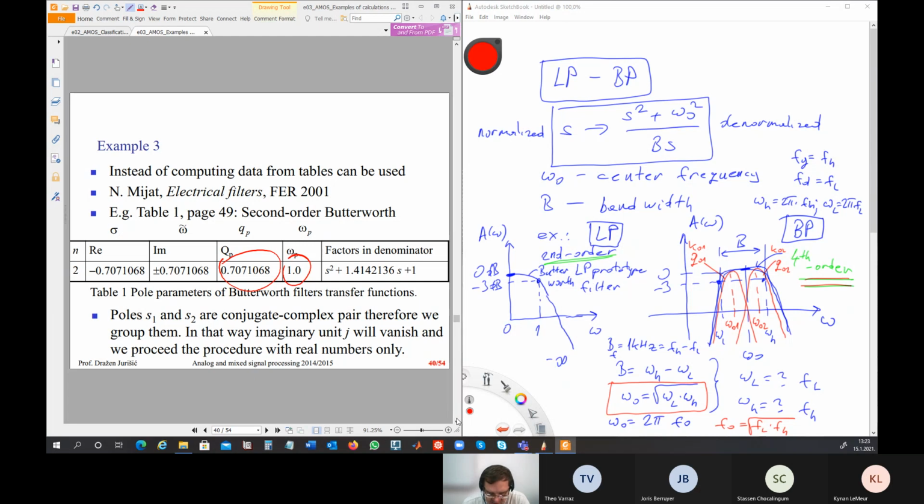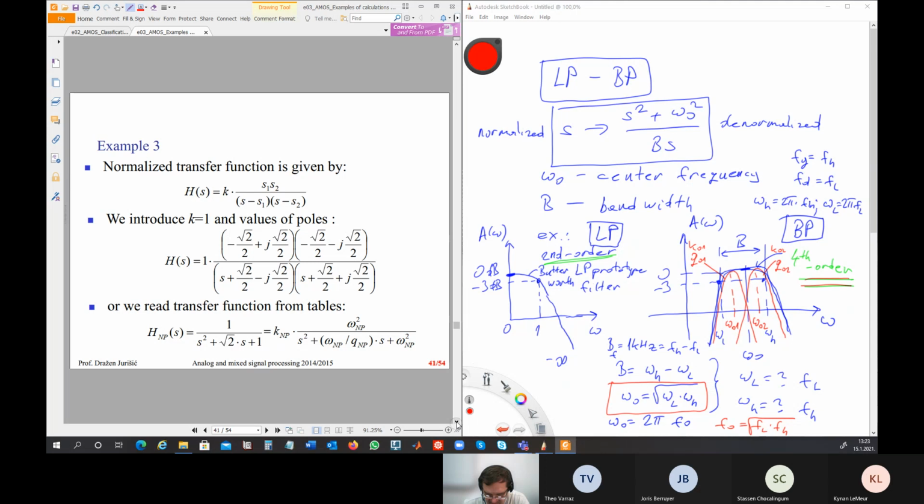Poles S1 and S2 are a complex conjugate pair, therefore we group them, and then j will vanish. This is what we are doing now. J will vanish, and then we have this final low-pass transfer function, which is our starting point, and this is indeed the second order Butterworth, like here.